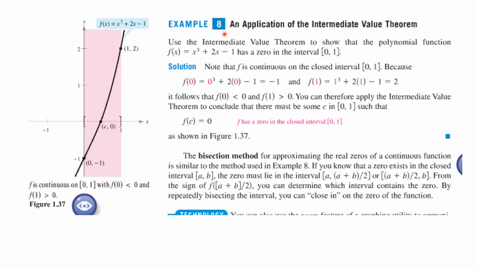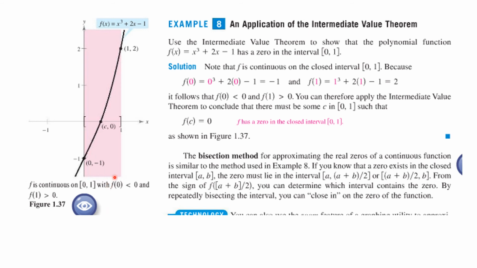Here's an application of the intermediate value theorem, though. Use the intermediate value theorem to show that the polynomial function, which is continuous, has to have a 0 in the interval 0 to 1. You don't have to find it, it just said prove that there was one. Well, you see, this is a continuous function on a closed interval, so it does satisfy the intermediate value theorem.